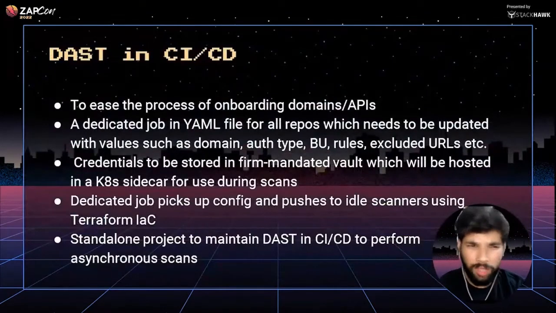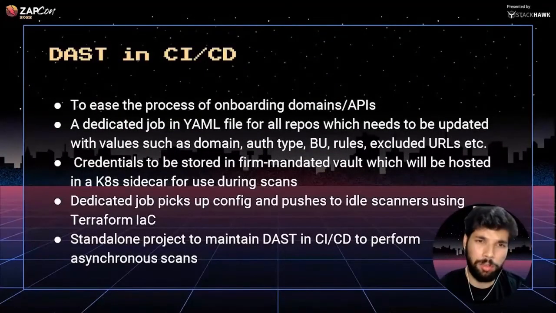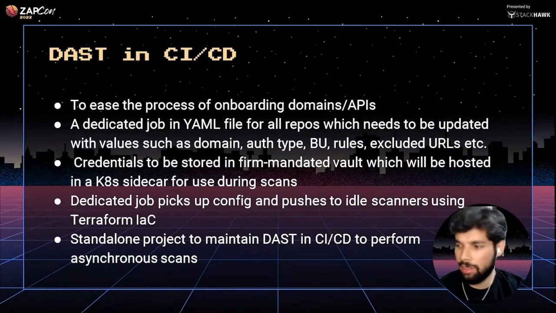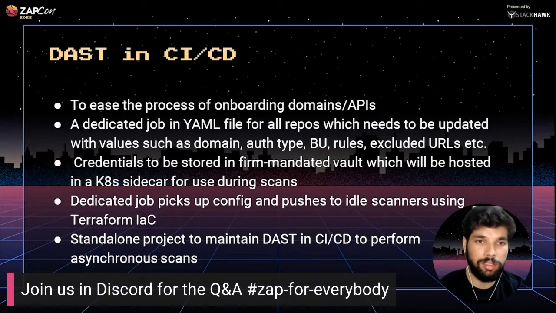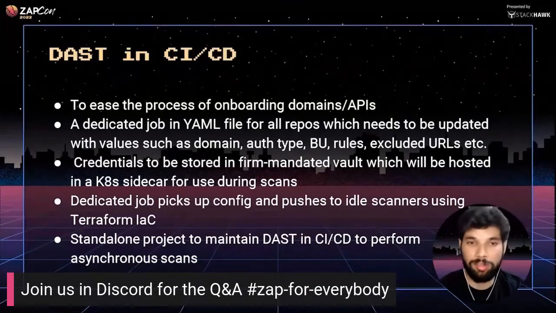And DAST in CI/CD. I know we have an automation framework right now, which makes it much faster, but we had started DAST in CI/CD a couple of years back, in 2019. We wanted scans to be triggered, obviously not in the GitLab runners itself or Jenkins.